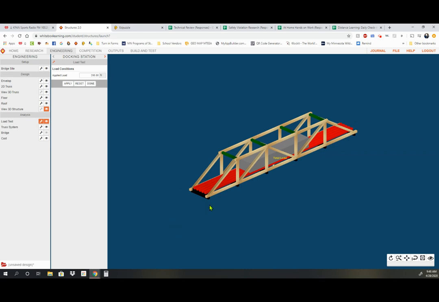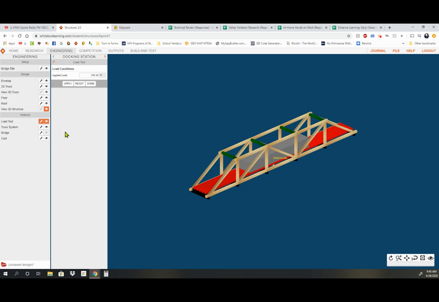And then if it crosses that, then it will go to the 200, then the 300 and 400. It goes all the way up to 600 Newton. So what you're doing here is you're putting the applied load. And as we go through the rest of this, you're going to see how that applied load pans out in your bridge. So we're just going to leave this at 200 right now.